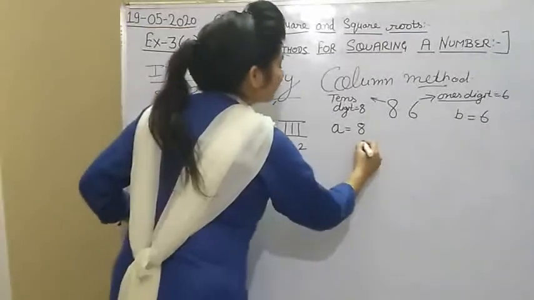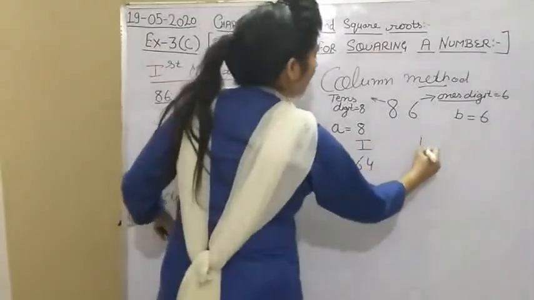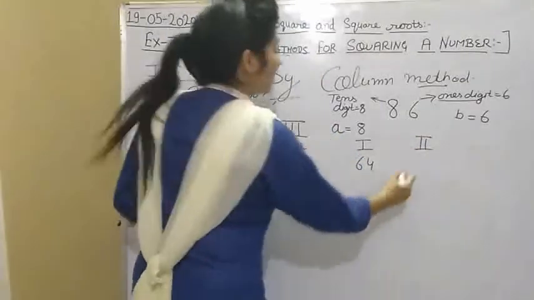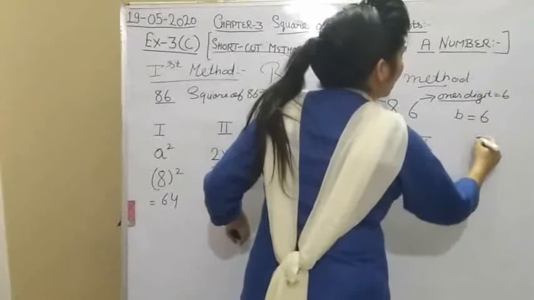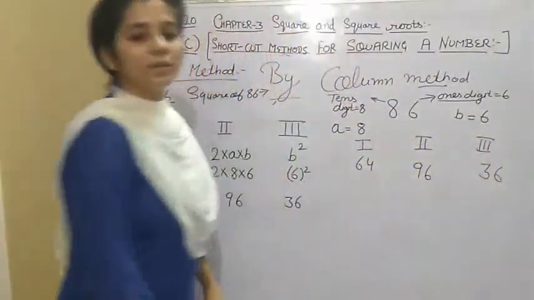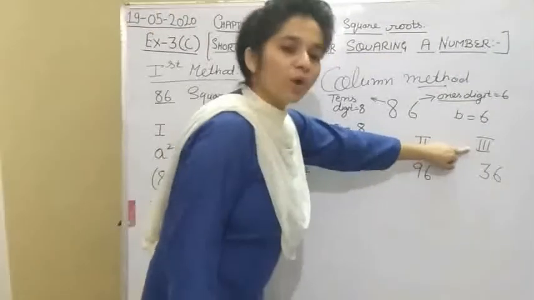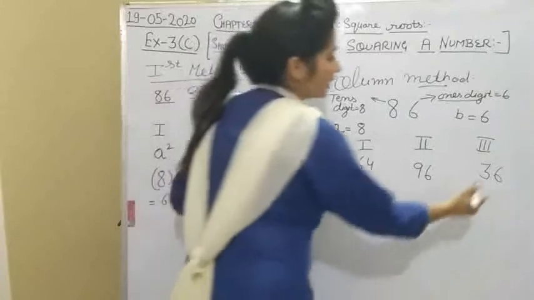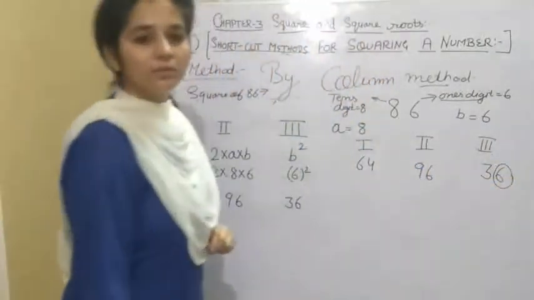The value of the first column is 64. The value of the second column is 96. And the value of the third column is 36. Now, start from the third column. Circle the ones digit.